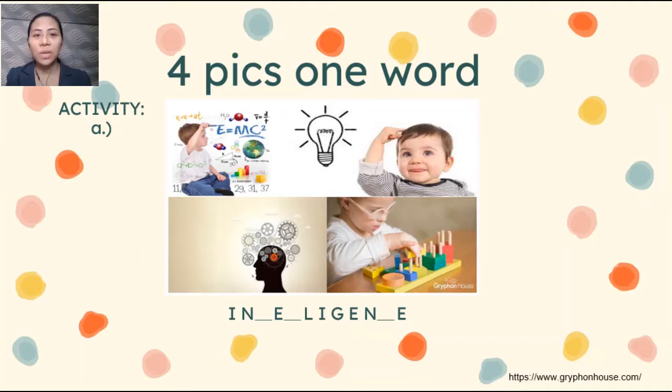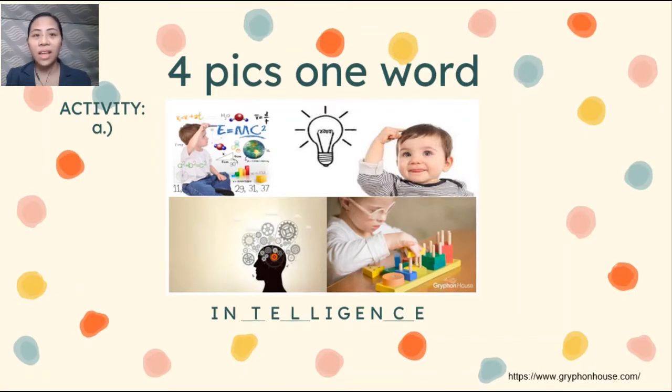Next to the pictures is the clue for the correct answer. There are 3 letters missing. Okay, I think you already know the answer. Alright, answer revealed. You can comment your answer in this video if you find this on our Facebook page.